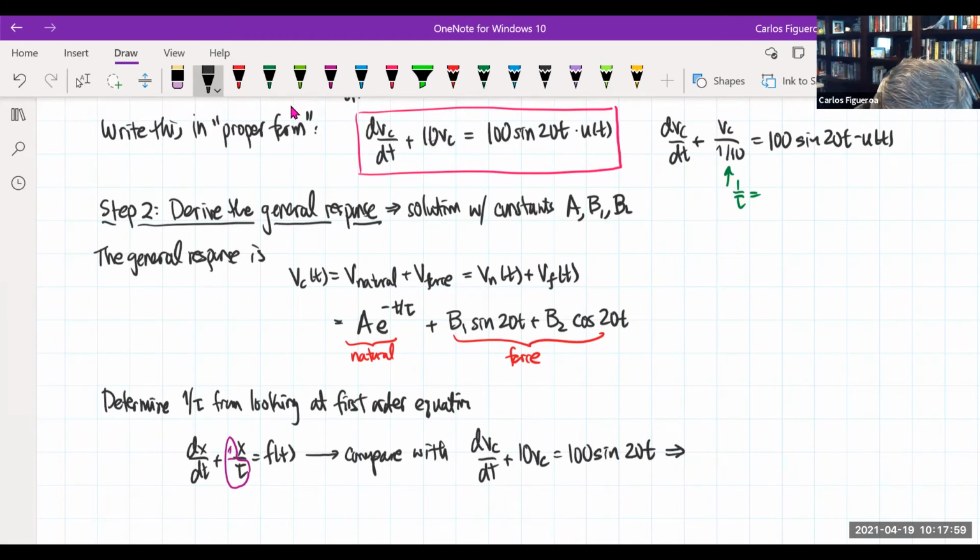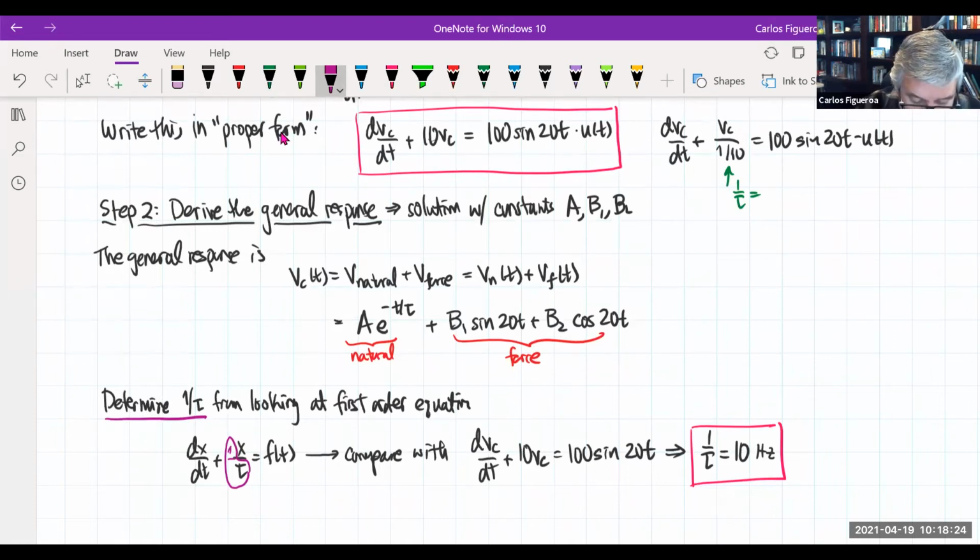This implies that 1 over tau should immediately be given the value of 10 hertz. So now I have my time constant. I immediately know what my time constant is. That's the first thing. What I did here was just determine 1 over tau.